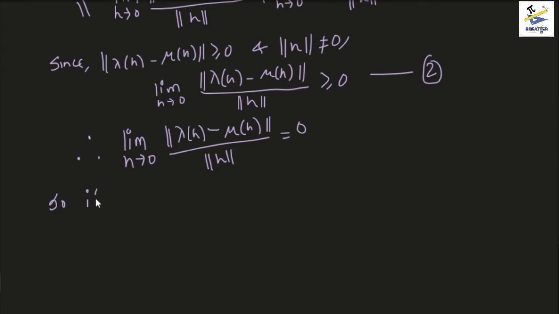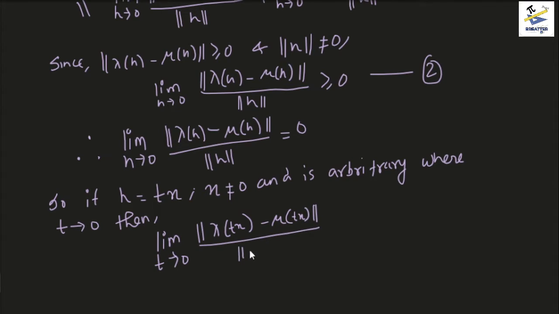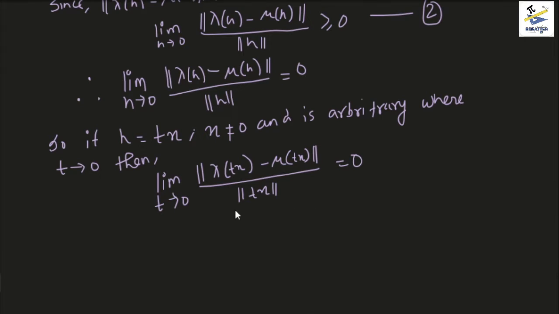so if h equals tx, where x is not equal to 0 and is arbitrary, where t tends to 0, then, so t is just a real number here, and this is not a limit.